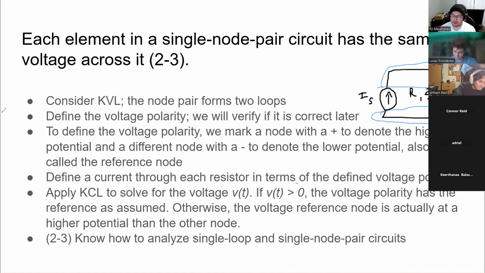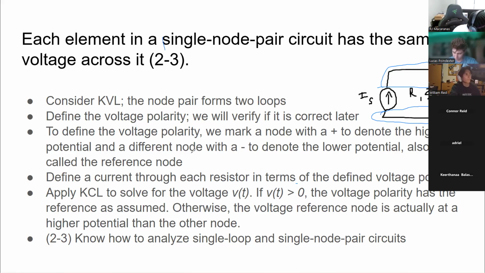And so the book actually has an algorithm for solving both the single node pair and the single loop circuits. Let me see if I can find what they call it here.